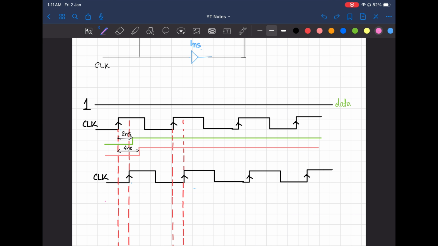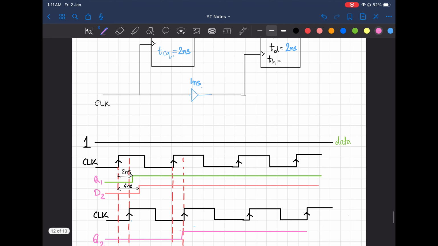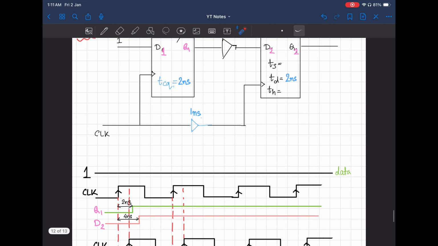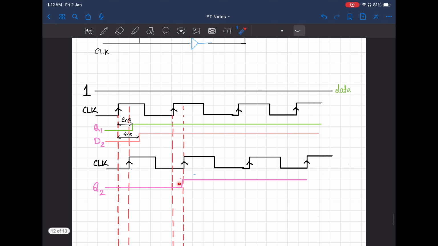Then I need my data to be properly sampled at this point. This is Q1 and this is D2. Now I think you understand very well. This is the Q1 data. After 2 nanosecond, after 4 nanosecond, there is the D2 data at this point, and Q2 should be properly sampled by the next clock edge.